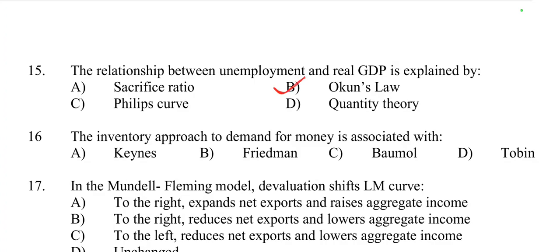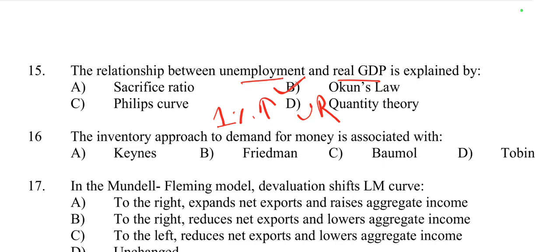It describes the empirical relationship between unemployment and real GDP, specifically stating that for every 1% increase in the unemployment rate, a country's GDP will typically be an additional 2% lower than its potential GDP.